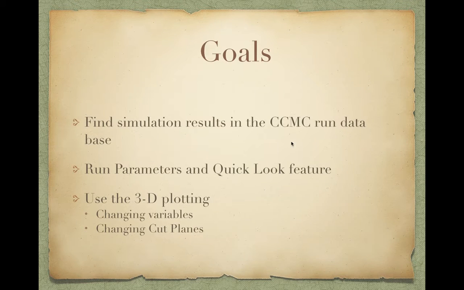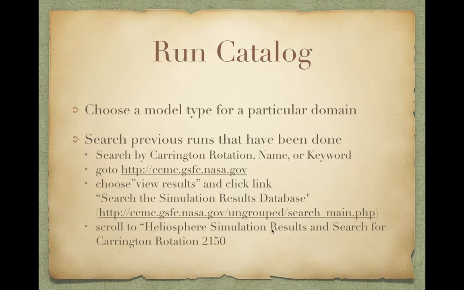The goals are to search the CCMC run database to find the model run that we are looking for, look at the run parameters and the quick look feature and other aspects of the run that are available, and then look in more detail at the run through the 3D plotting tool.